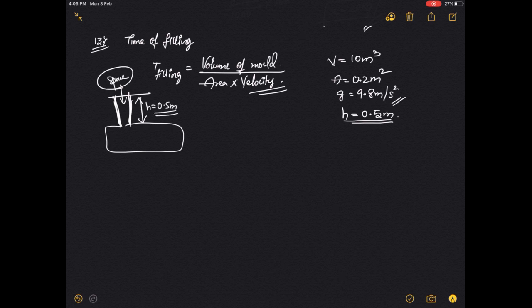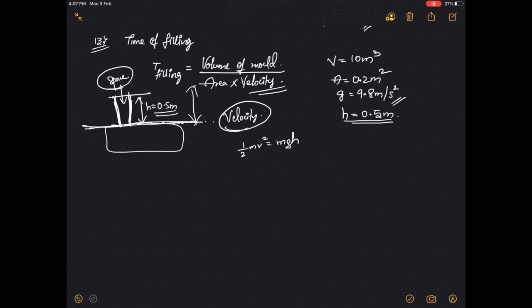Now we have to calculate the velocity. So in our basic physics we know that the kinetic energy will be equal to mgh, the potential energy, if it is some height h above my reference frame. So here if I consider the lower part of the sprue as the reference frame, it is above by h, that is 0.5 meter.